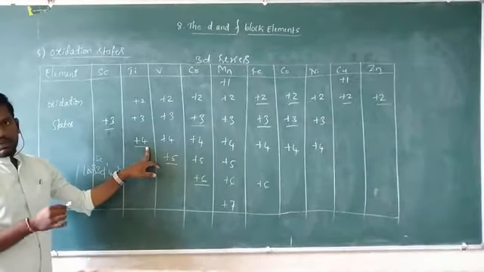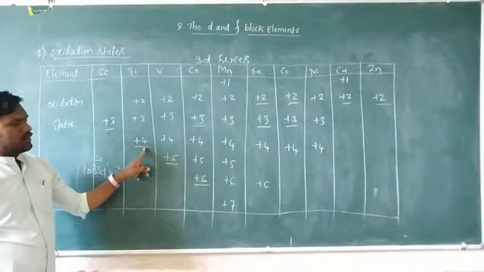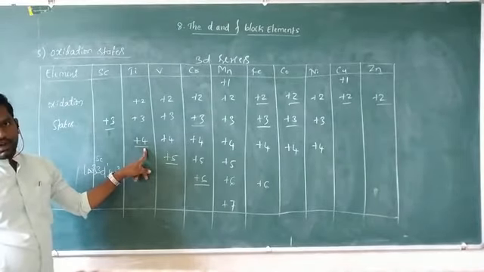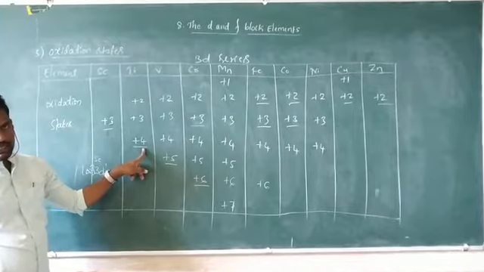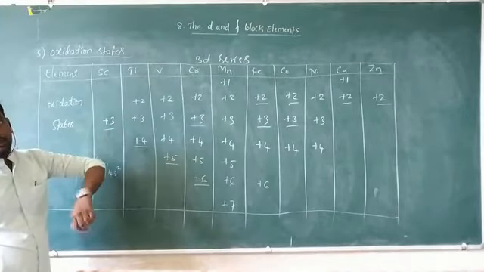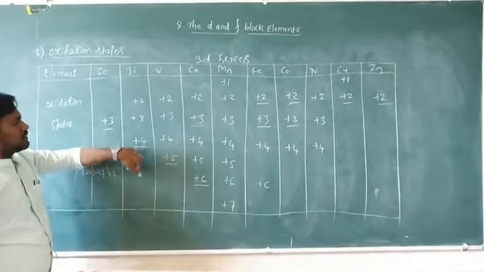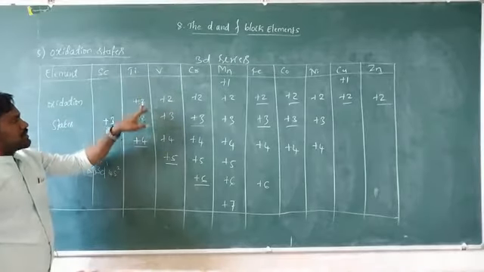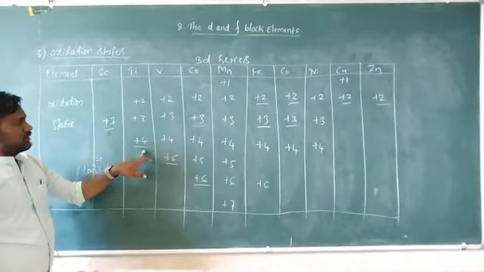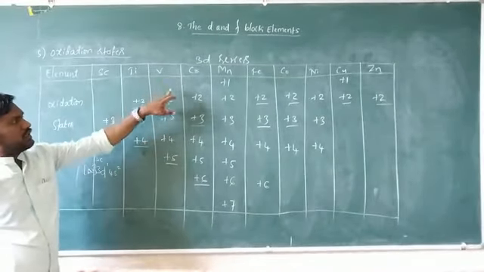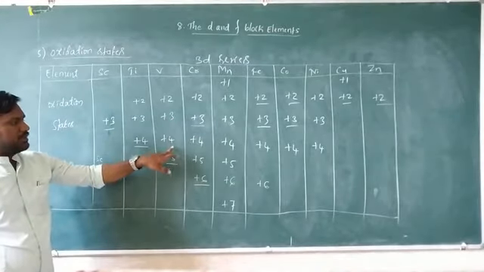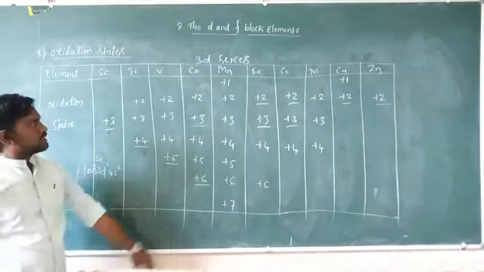Which oxidation state is underlined below? This is the most common oxidation state for those respective elements of the 3d series. Titanium shows +2, +3, +4. Like that, vanadium exists in +2, +3, +4, +5 oxidation states.